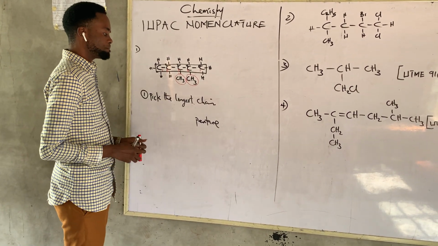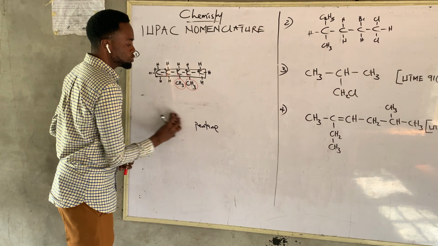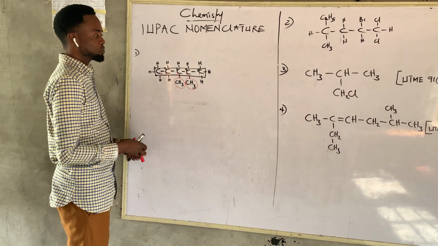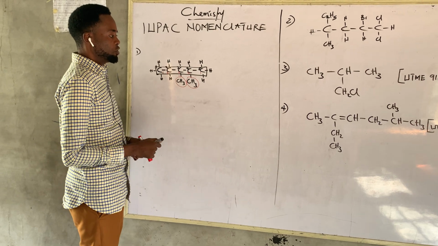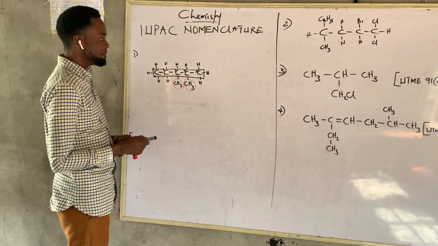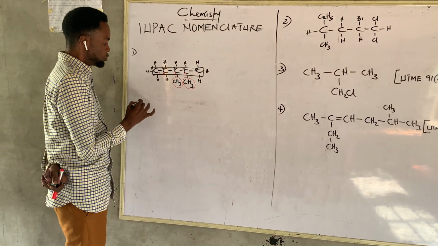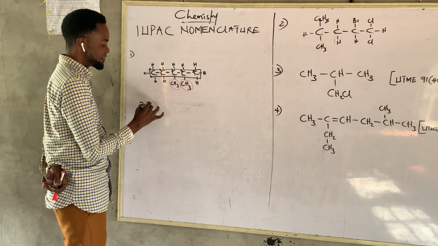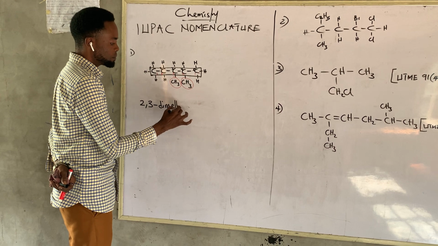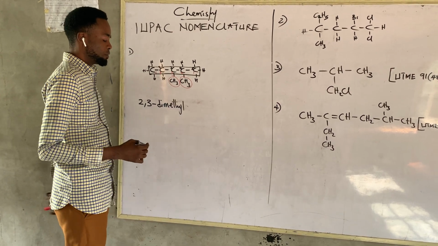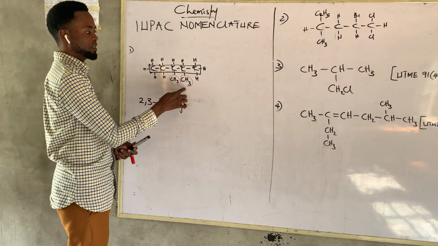After that, the next thing to do is to attempt to write the name, by naming the branch chains. So from here, I will have 2, 3 dimethyl. Now, how do I get methyl? This is methyl, this is methyl.